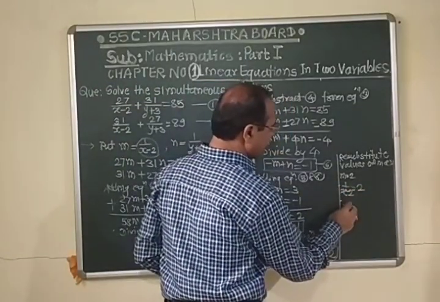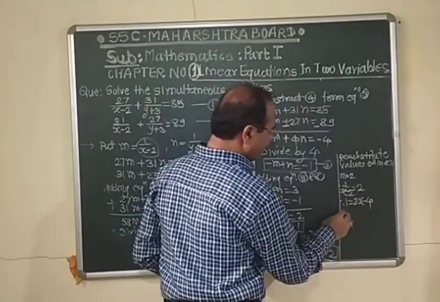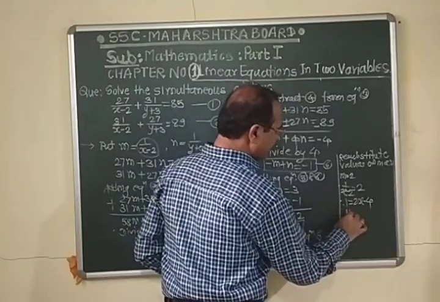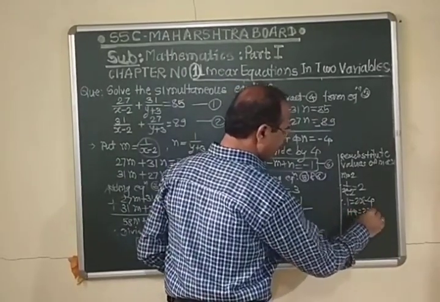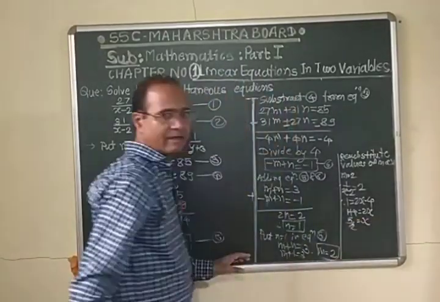Now you get 1 is equal to 2x minus 4, and then 1 plus 4 is equal to 2x. Therefore, 5 upon 2 is the value of x.